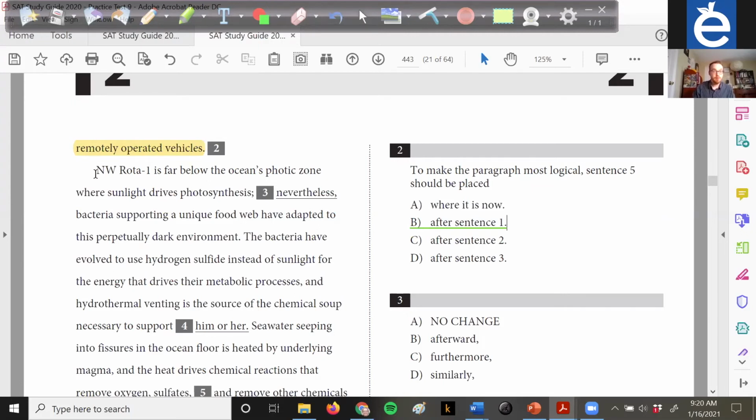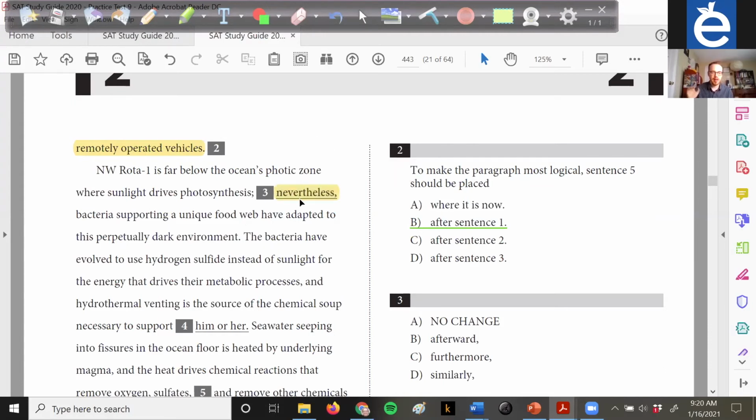NW Rota 1, we just keep reading, is far below the ocean's photic zone where sunlight drives photosynthesis; nevertheless, bacteria supporting a unique food web have adapted to this perpetually dark environment. Well, that "nevertheless" is a transition word, right?